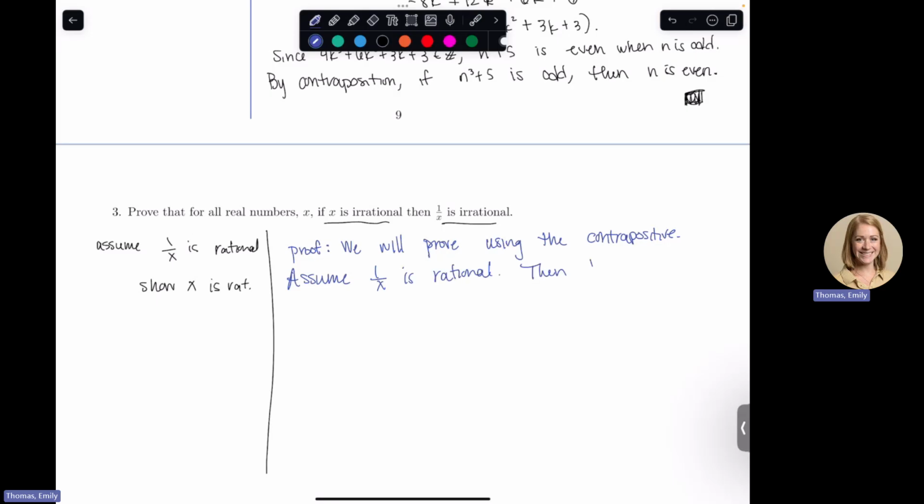Then 1 over x equals a over b for some integers a and b with b not equal to 0. Since 1 over x is in the rationals, so that's the big Q, x can't be 0.